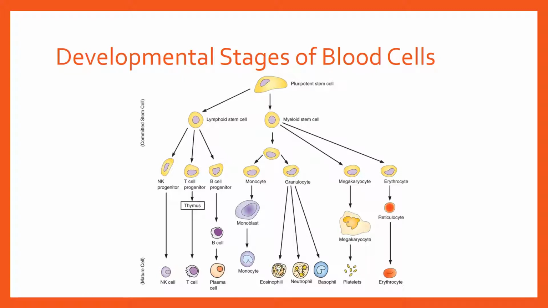So at this point, myeloid stem cell can break down to monocytes, which will turn into monocyte progenitors, we can say, which will turn into monoblast and then monocytes. Granulocytes, this is an important concept, granulocytes can be transformed into three different types of cells, which are also considered granulocytes.